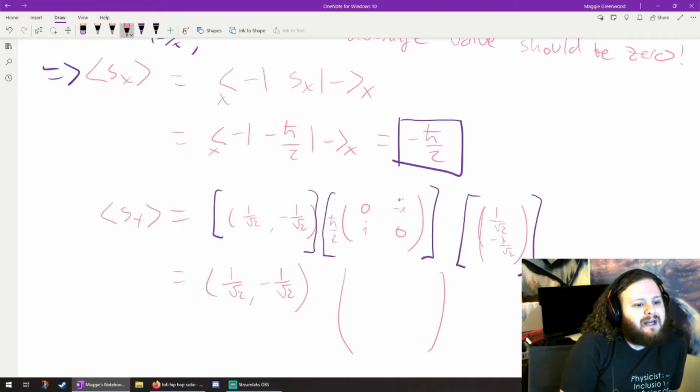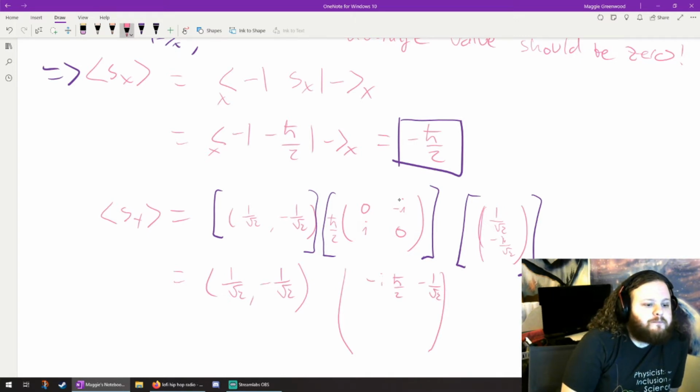So 0, negative i on this vector is going to give me negative i h bar over 2, keeping the units here. I don't like them, but I'll keep the units there. And then I'm going to pick up the bottom component from this matrix multiplication, which is minus 1 over root 2. And this is a product, all with one another.